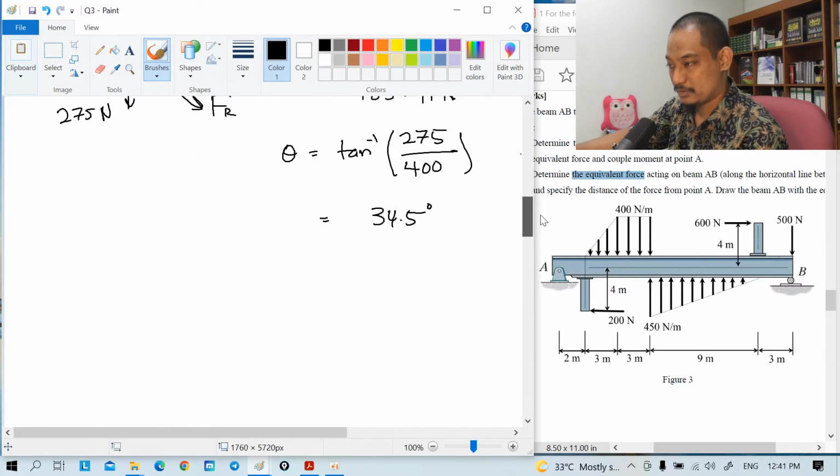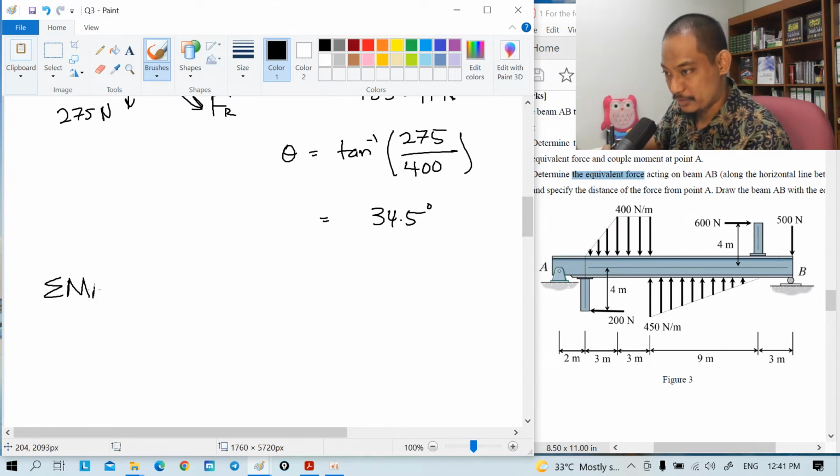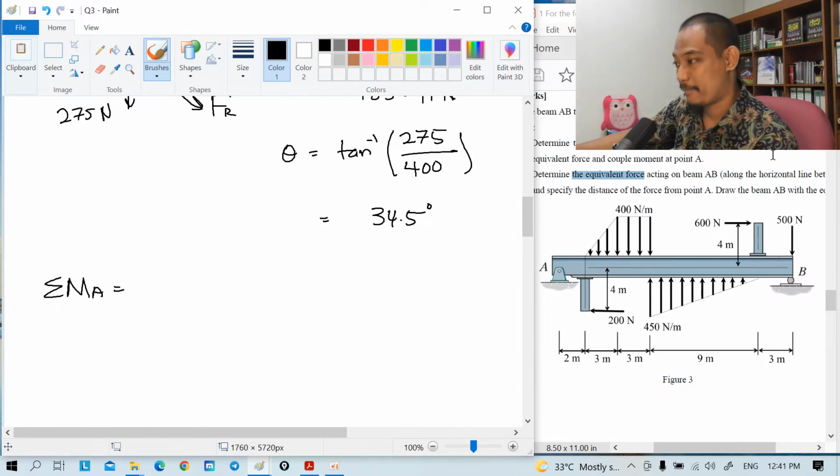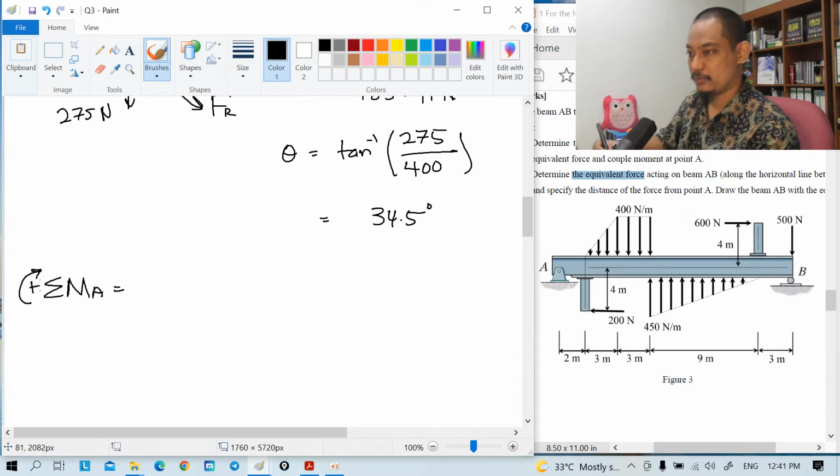What about the moment? So summation of moment about point A. Why point A? Because the question asks for about point A, right? So let's take clockwise as positive.